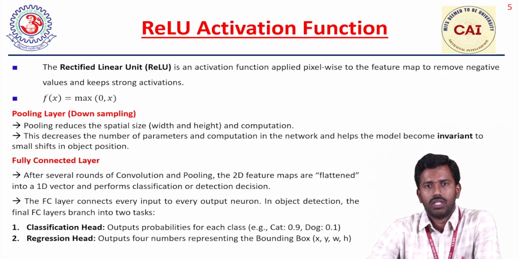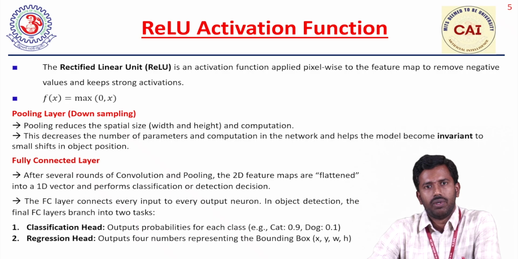As we discussed previously, there is the ReLU activation function. It returns max(0, x). If x is negative, it returns 0. If x is positive, it returns x. As simple as that. Through the pooling layer, you're doing downsampling, where you reduce the height and width, the spatial dimension, so that we move to the next layers up to the fully connected layer.